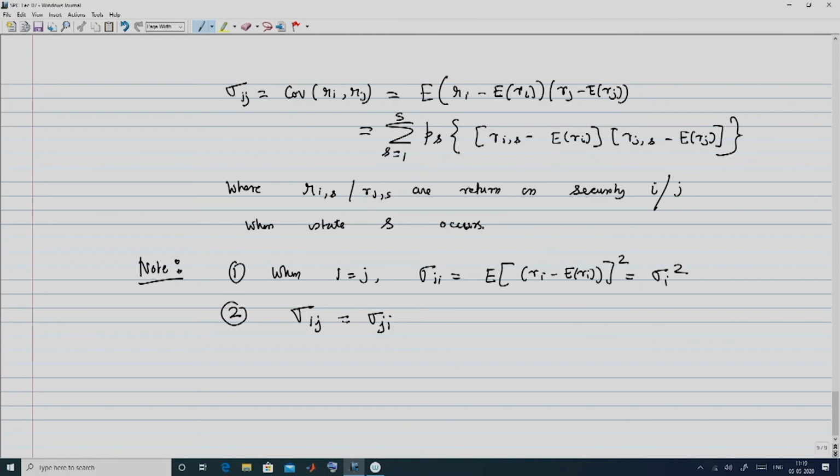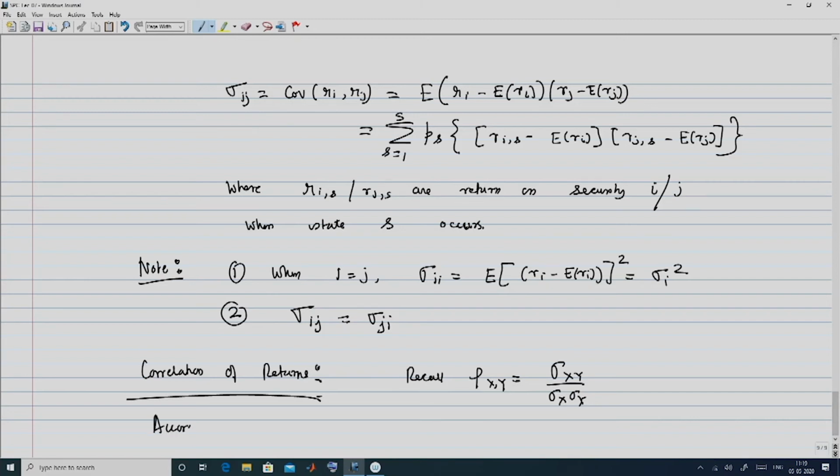Alright, so we now come to the last concept, and the one that is a fallout of the covariance of returns, and that is the correlation coefficient. So, the correlation of returns. Recall that the correlation coefficient rho xy between two random variables x and y is sigma xy over sigma x into sigma y.